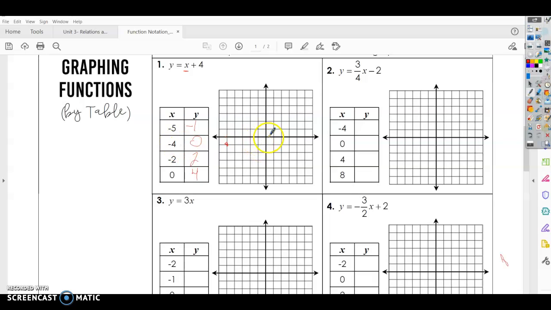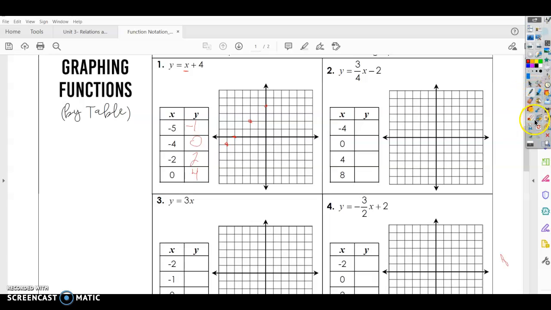All right, -4, 0, -1, 2, 3, 4, 0 is my second point. -2, 2 is my next point. And 0, 4, 1, 2, 3, 4 is my last point.